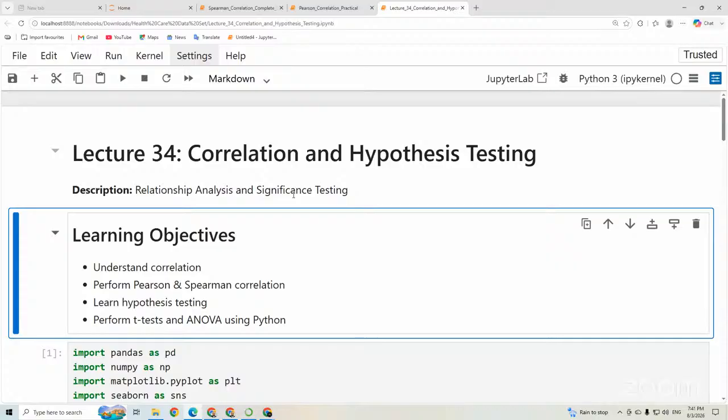What is the meaning of hypothesis testing and why is it required? It is a statistical method used to make decisions about the population based on sample data. When we want to take some decision, we have to collect a sample of the data, not the population.